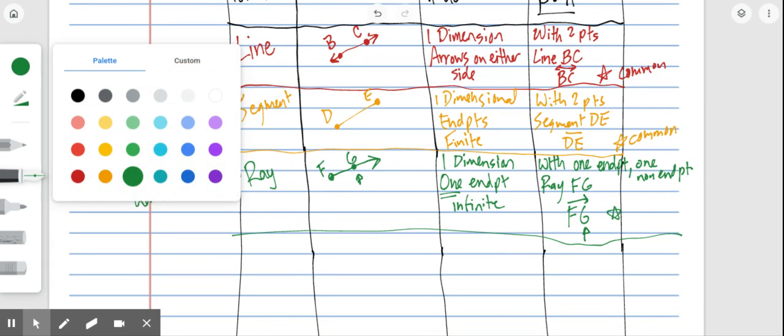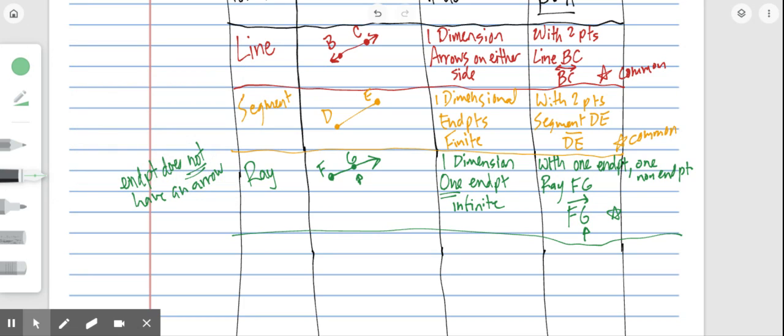Okay. And last but not least, this is a subsection of rays. This is called opposite rays. And basically it's like they have the same endpoint and then they go in opposite directions. So one goes that way and one goes this way.